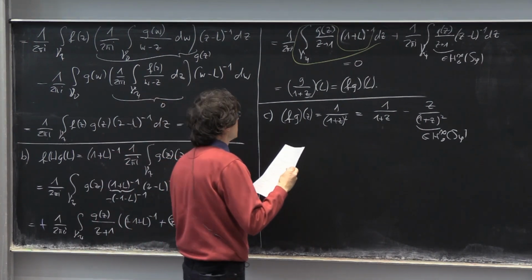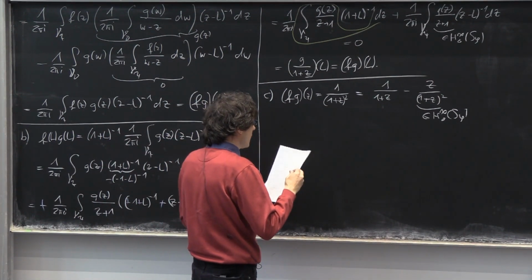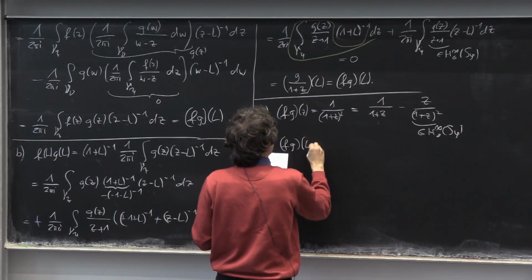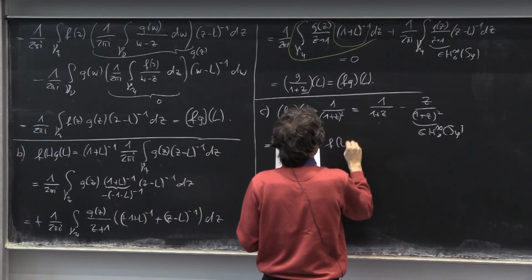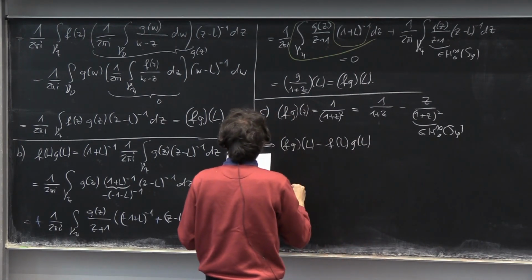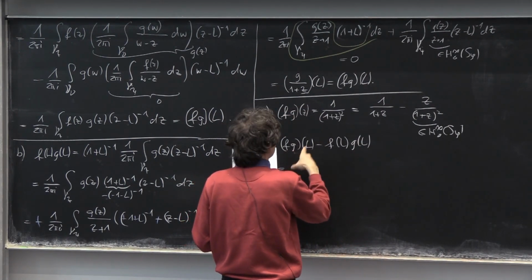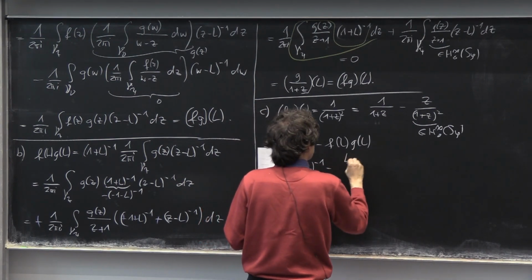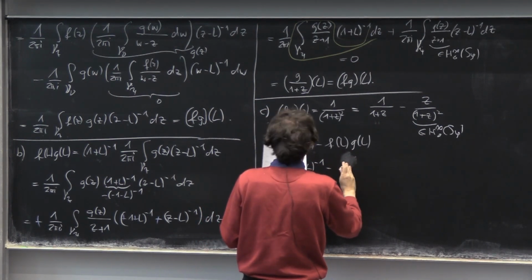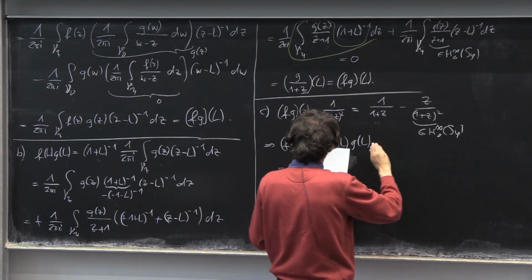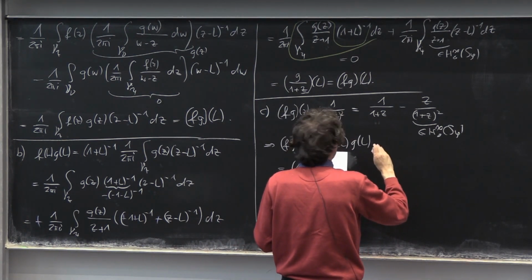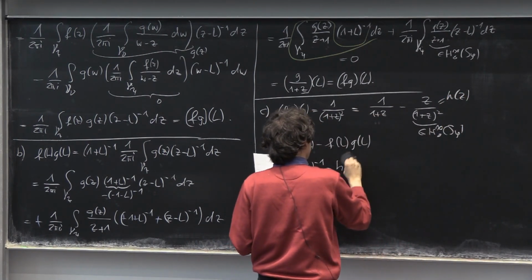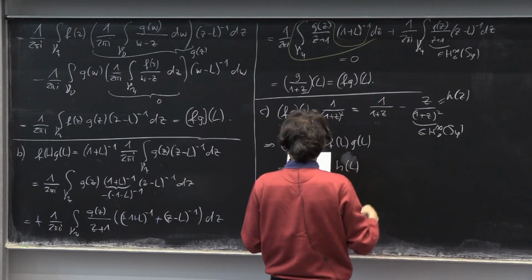Okay, so we know what we find if we do fg of L. So this means fg of L minus f of L g of L is now, by definition, 1 plus L to the minus 1 minus, let's call this again h, so minus h of L. The problem is to know what h of L is.